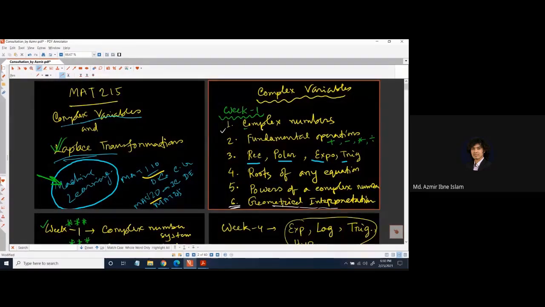So we have learned about complex numbers. We have learned the conversions, that is rectangular, polar, and also we are familiar with now the exponential part and trigonometric form of complex numbers. Now we need to know the fundamental operations of complex numbers. So operations can be addition, subtraction, multiplication and division.